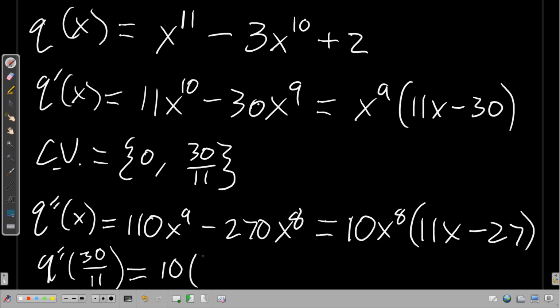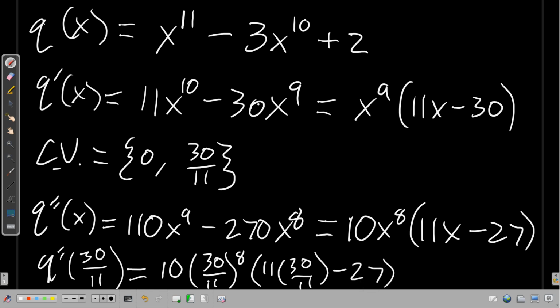Then this would be 10 times 30 over 11 to the 8th power, which is some massively positive number. But the question is, will it be times this negative number? No, it won't, because you would have 11 times 30 over 11 minus 27.